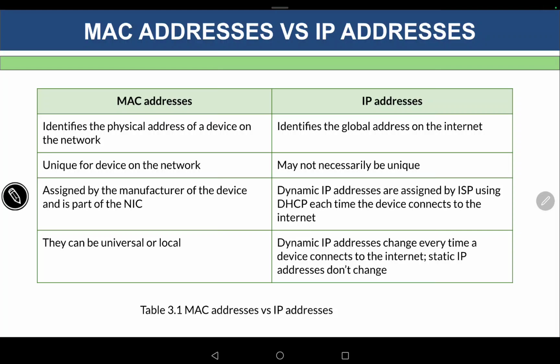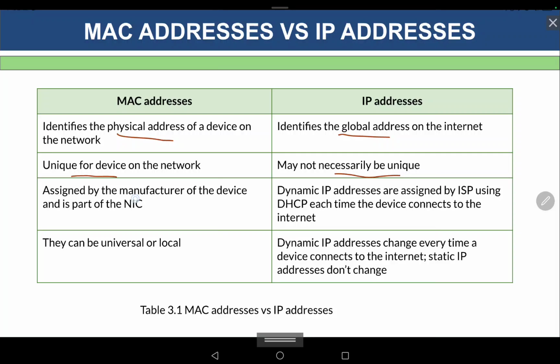Now let's look at the difference between IP addresses and MAC addresses. So we said that a MAC address identifies the physical address of a device on a network, while an IP address identifies the device on a global network. Then a MAC address is unique for a device, while an IP address on the network may not necessarily be unique.